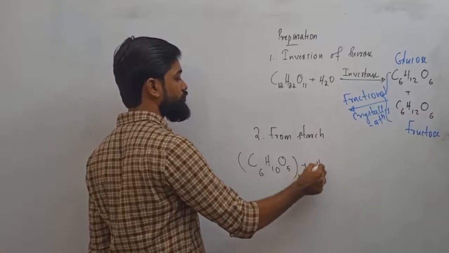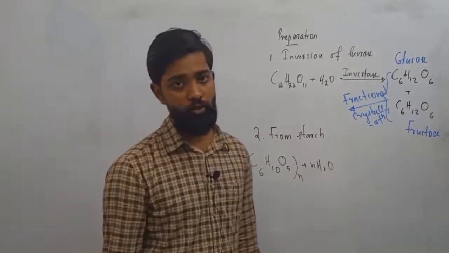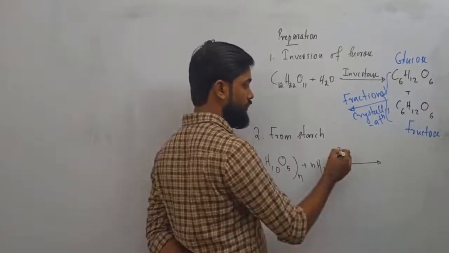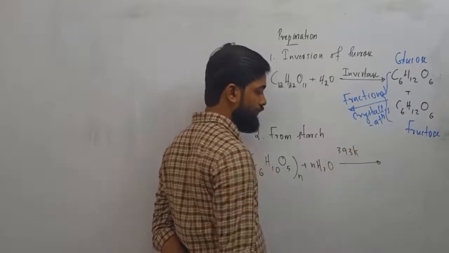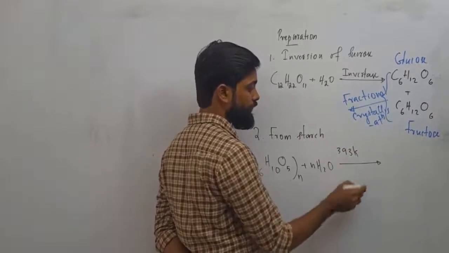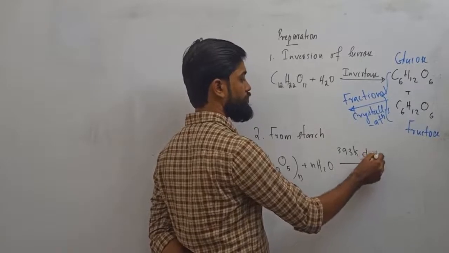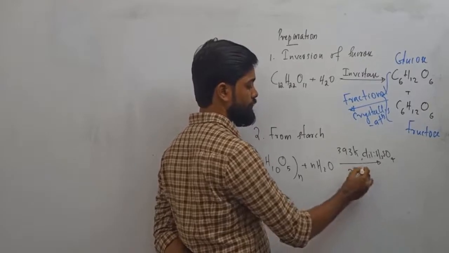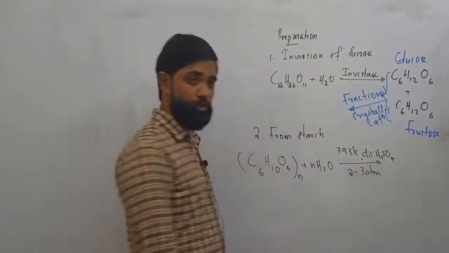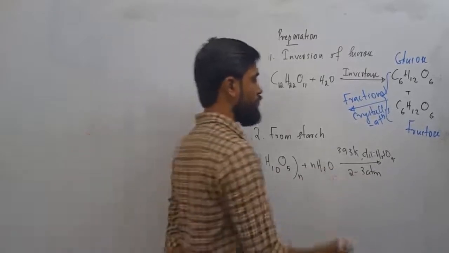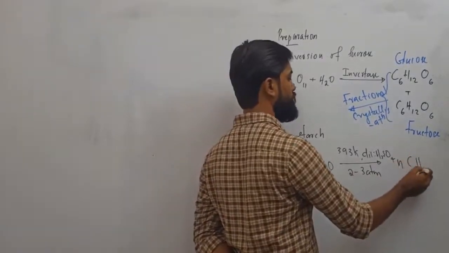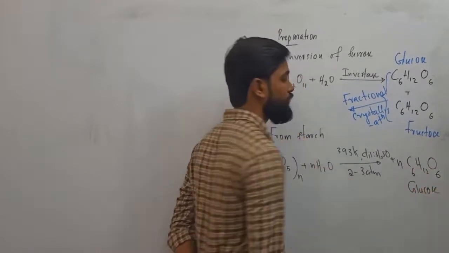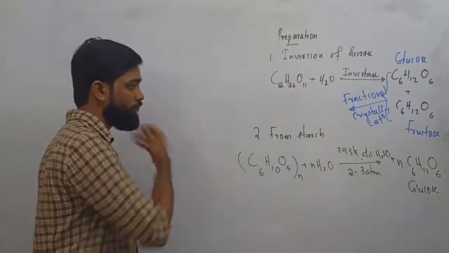This is hydrolyzed in the presence of nH2O. The conditions required for this hydrolysis are 393 Kelvin with dilute sulfuric acid and a pressure of 2 to 3 atm. This hydrolyzes to form n molecules of C6H12O6, that is, n molecules of glucose. Fine.